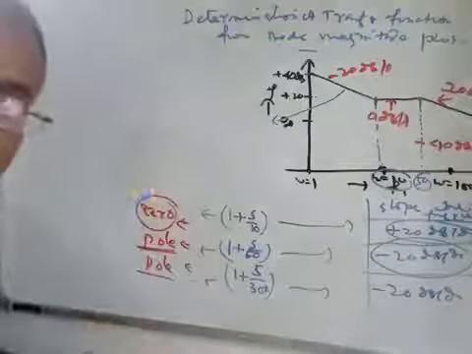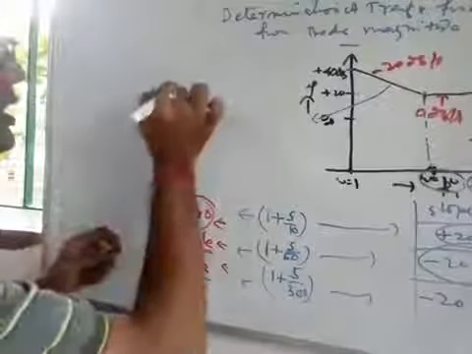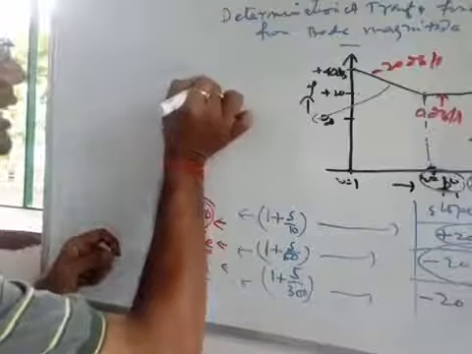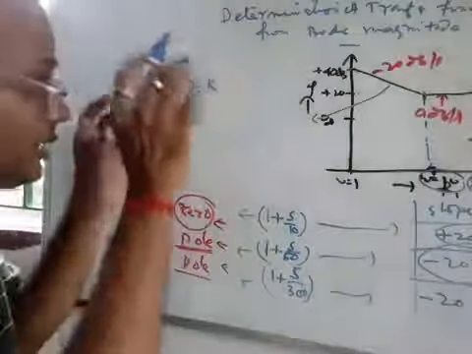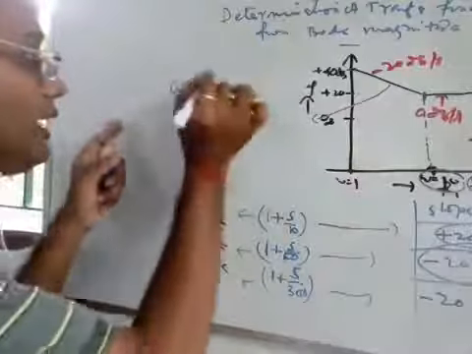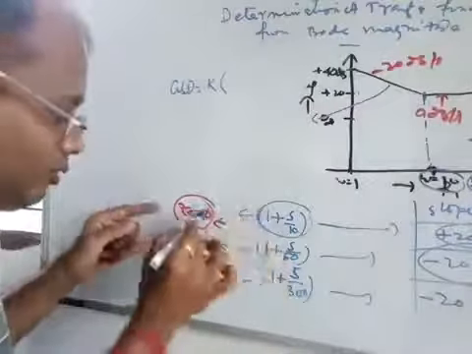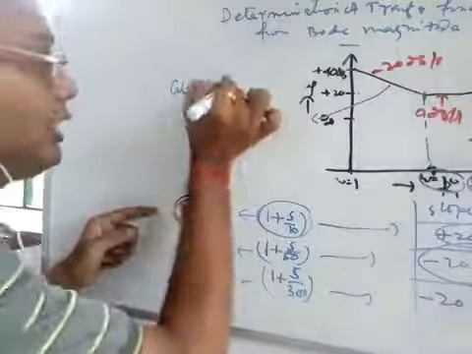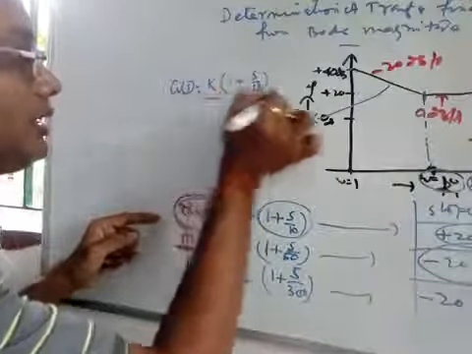So what is the standard form of transfer functions? You know all these things. That is G(s) equal to K, where K is the generalized gain, and we will find out how to get the K from this given figure. Now K into 1 plus s by 10, this is a factor which is for a zero. That means in the numerator you will write 1 plus s by 10, right?